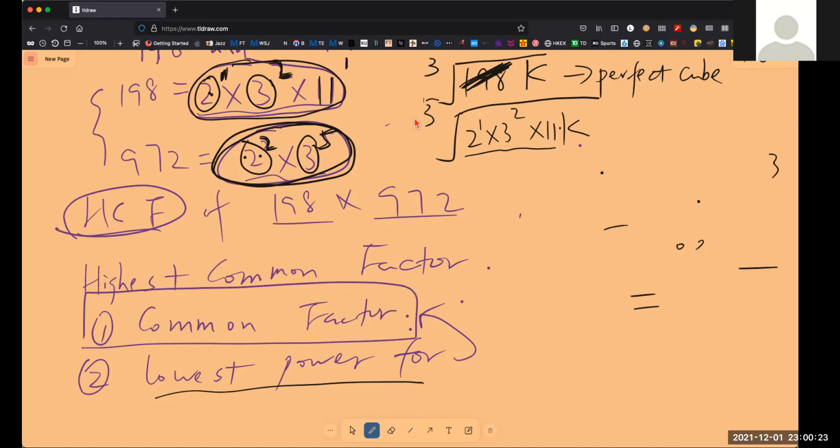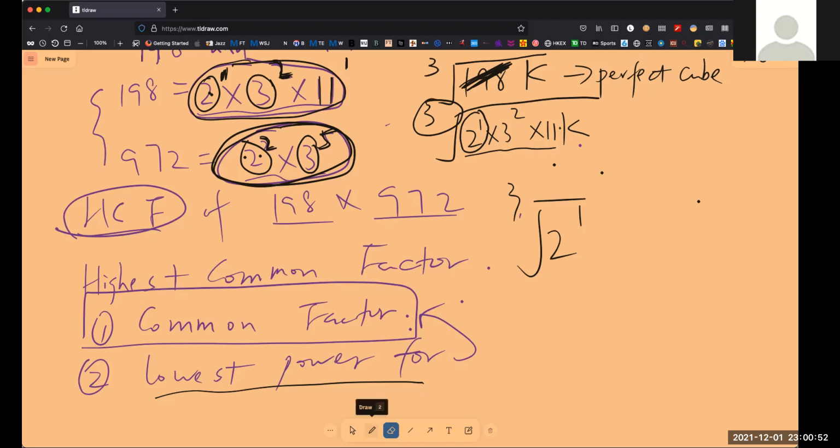So can I ask you, if you look at this, you have a cube root here, and you only have one 2. What do you think? Do you need two more 2s so that you can cube root this? You can't cube root this, by the way. You can test with your calculator. If you cube root 2, you're going to end up with an irrational number, which is indefinite.